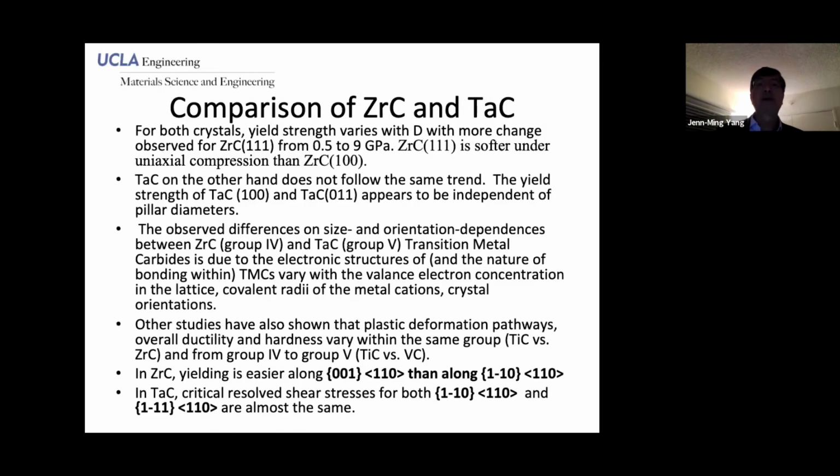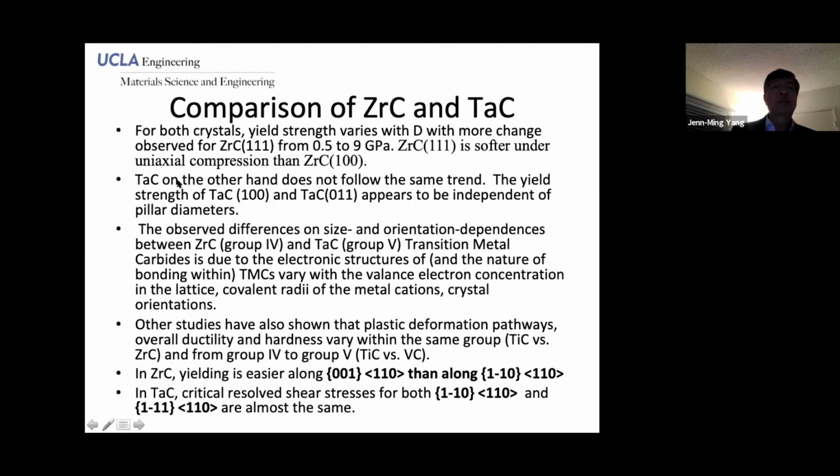If we compare zirconium carbide and tantalum carbide, we can see that for both crystals the yield strengths vary with diameter, and more change is observed for zirconium carbide 111. Zirconium carbide 111 is softer under uniaxial compression compared to zirconium carbide 100, but tantalum carbide, on the other hand, does not follow the same trend.